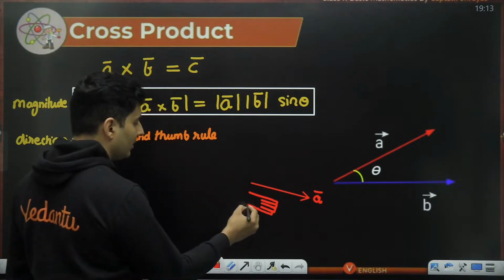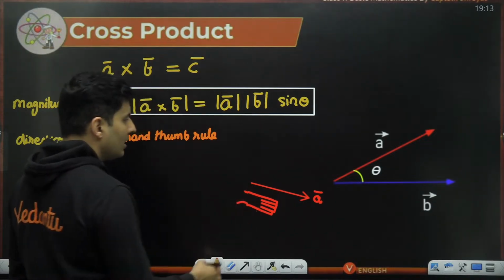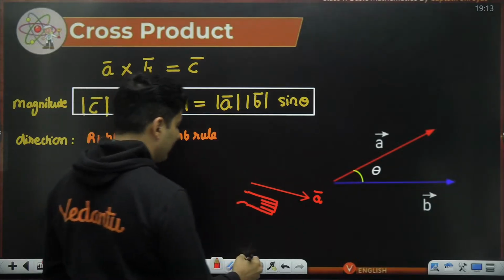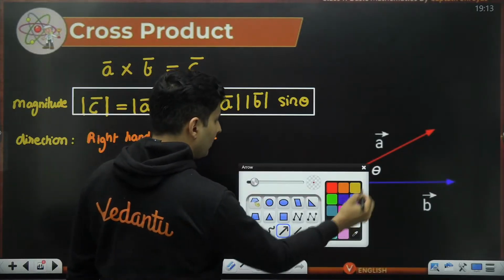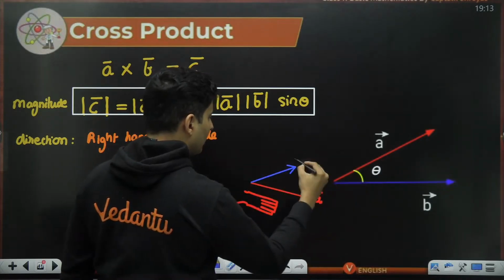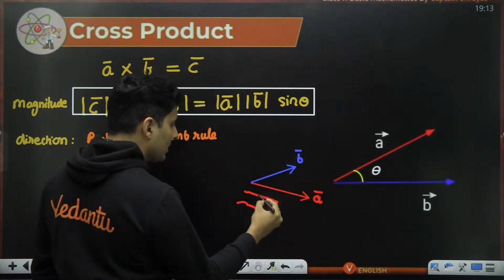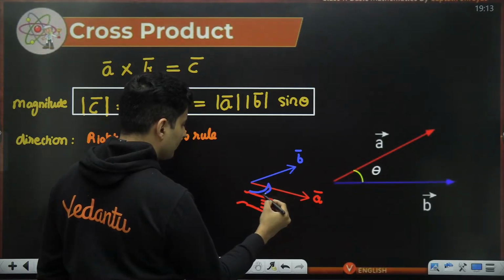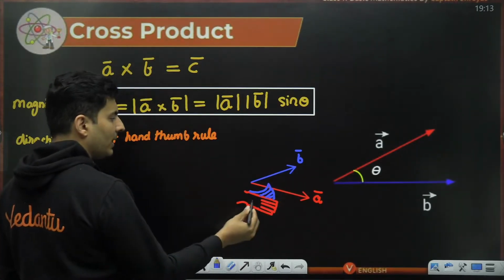Okay, this is my right hand. So I'm showing like this. Slowly bend the four fingers towards the B vector. So maybe that B vector is over here. If it is here, these fingers will slowly bend like this. They will bend like that.